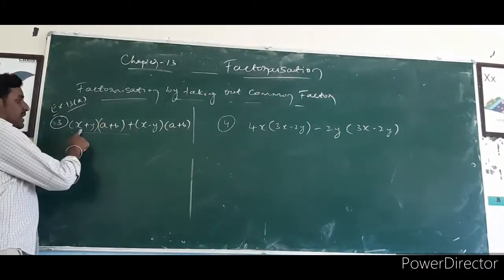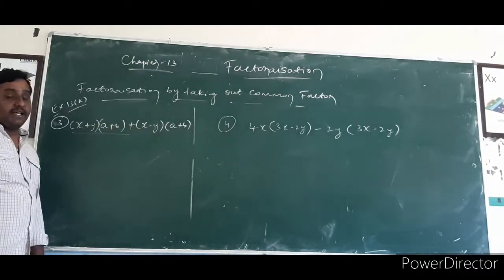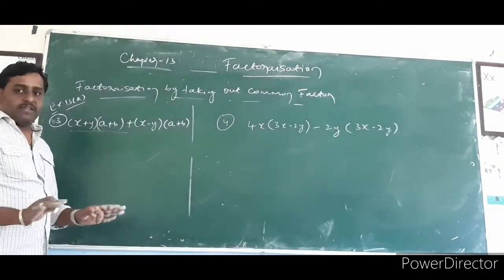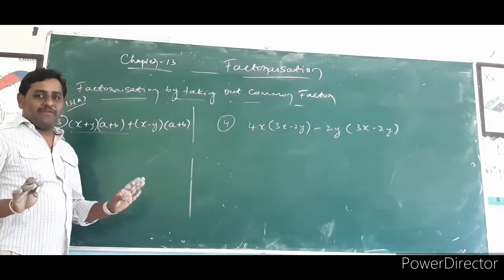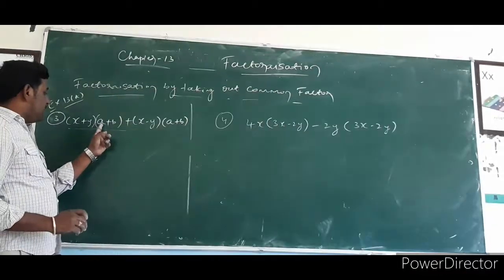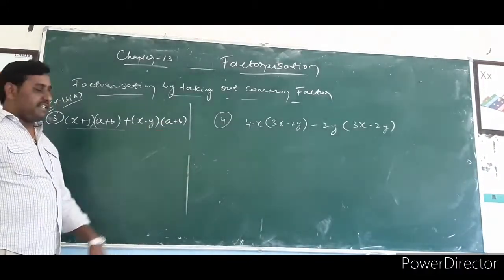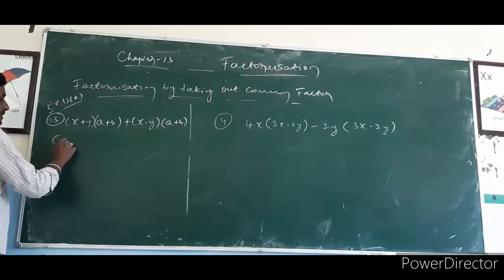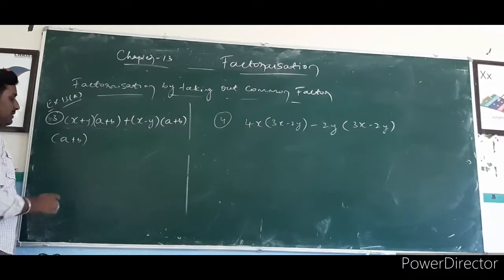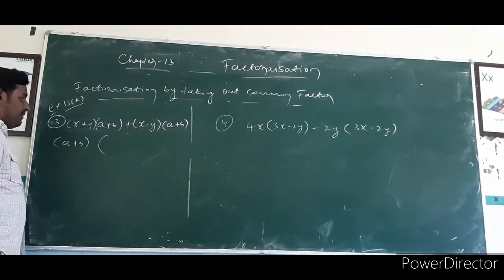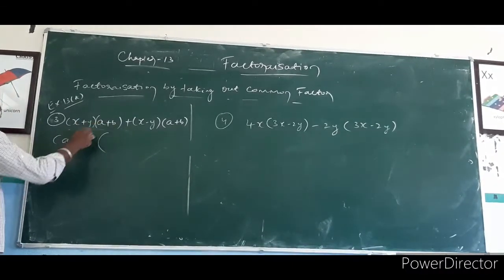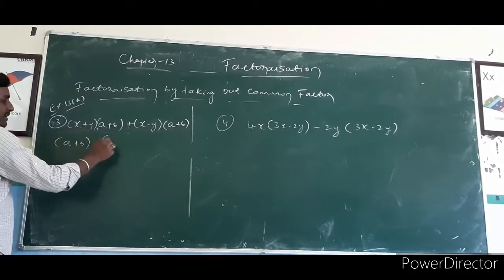Here x plus y is there, and here x minus y is there. The signs are different, so we are not able to take it as a common factor. Next, in the first term a plus b is there, and in the second term also a plus b is there. Then you can easily take a plus b outside. If you take a plus b outside, what is the remaining here?